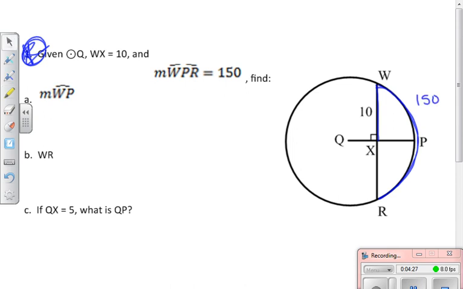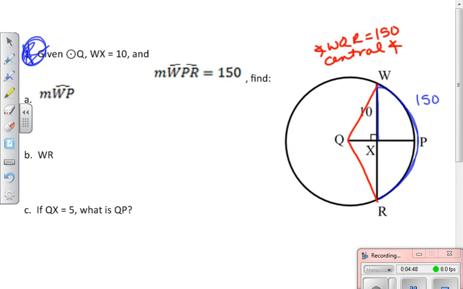So, just for curiosity and for fun, if I drew an angle as an aside, we know that angle WQR is equal to 150 because that's the central angle that makes that arc, and we talked about that in the last section.